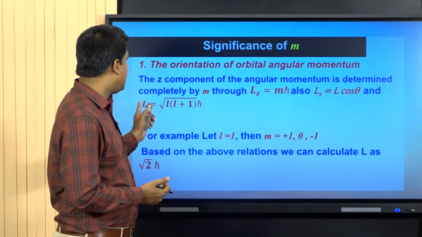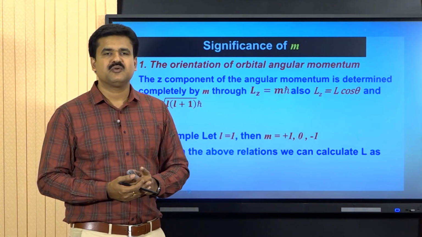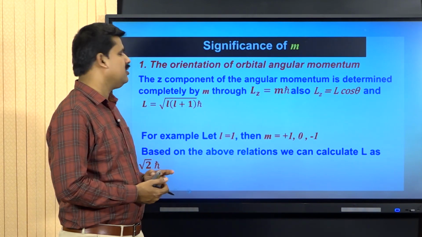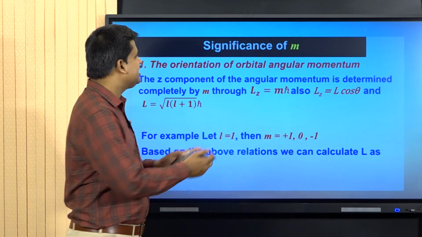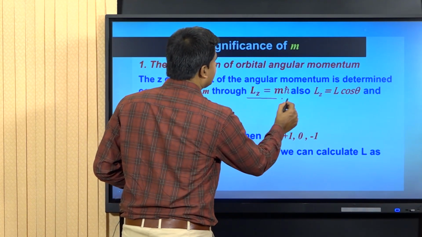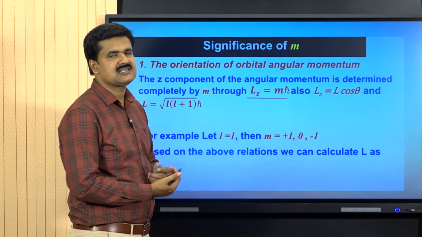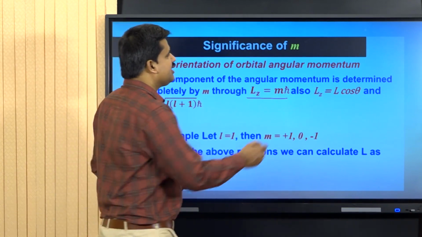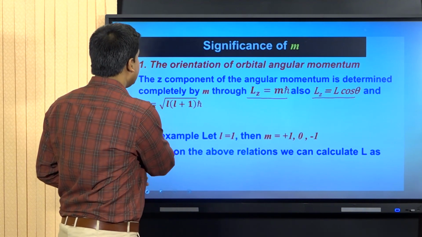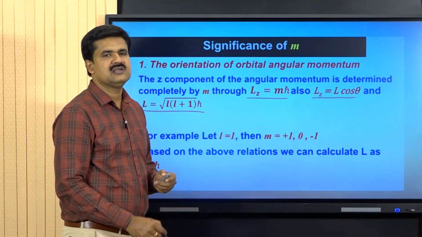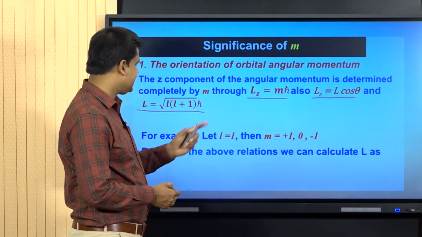And we also know total angular momentum L is equal to under root l into l plus 1 ħ. These three relations are very, very important. Lz is equal to m ħ, Lz is equal to L cos theta, and L is equal to under root small l into l plus 1 ħ.